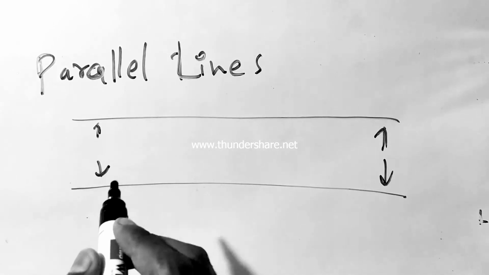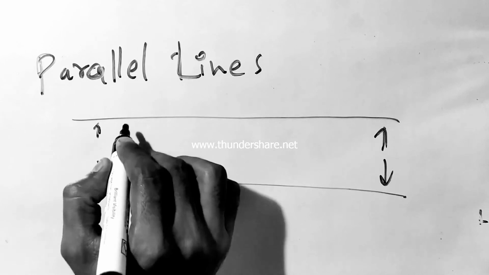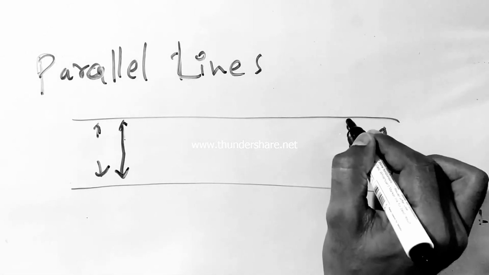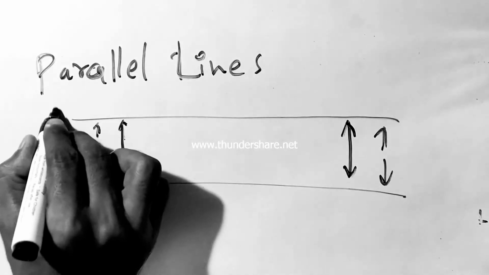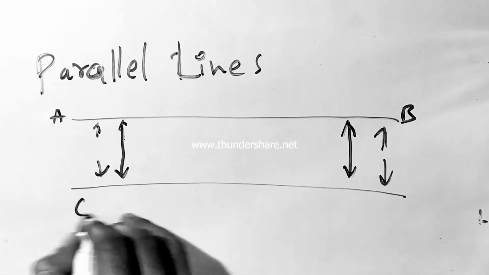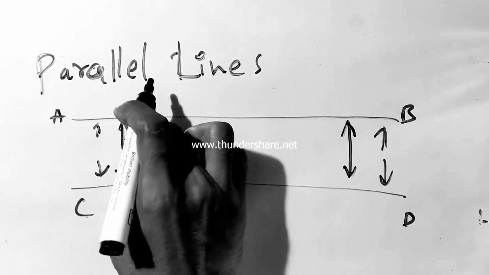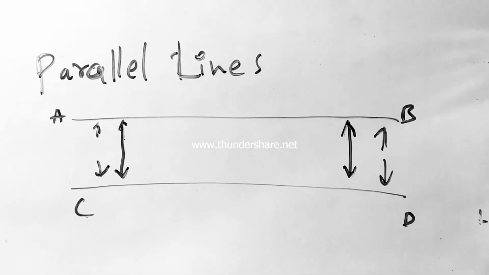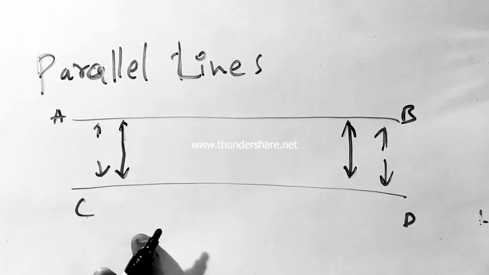And one more condition is that the distance between the two lines should be the same. This is the AB line and this is the CD line. The distance should be the same throughout the length. Then the lines are said to be parallel lines.